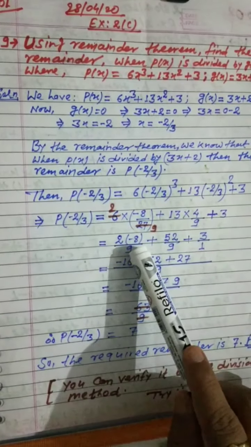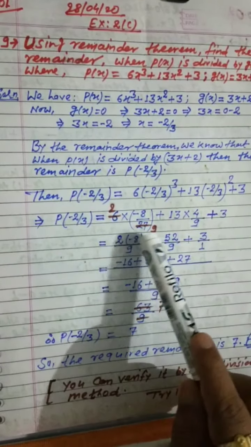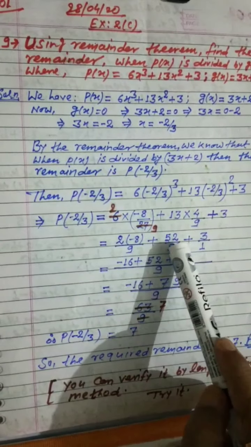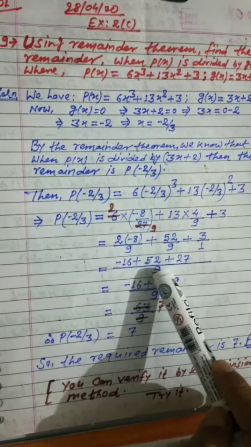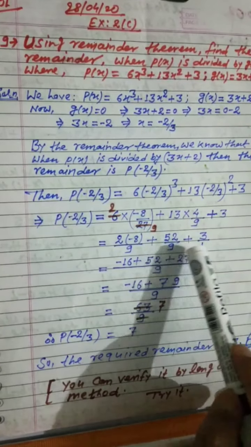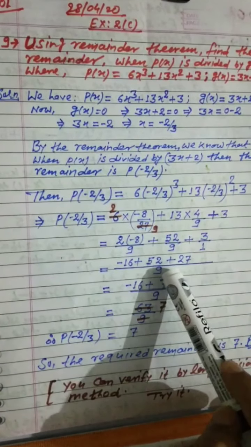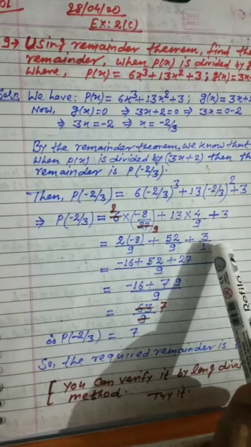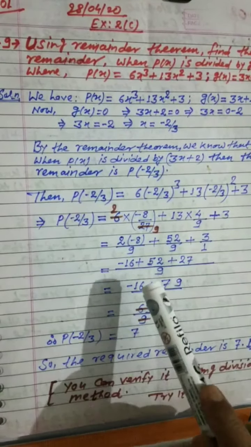So the denominator and LCM are the same, so here 2 into minus 8 will be minus 16. Here also the denominator and LCM are the same for this fraction, so we have written 52 here, but here 1 is the denominator and LCM is 9, so divide LCM by 1, 1 nines are 9, and 9 multiplied by 3 will be equal to 27.